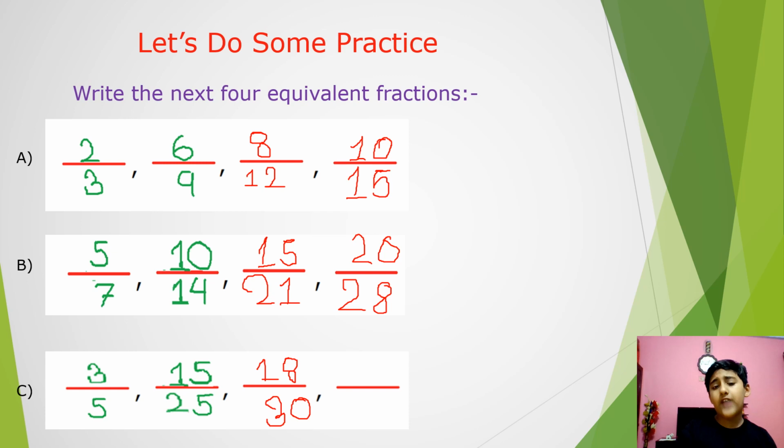And after 30 in the 5's table, we have 35. And after 18 in the 3's table, we have 21. Moving on to the next slide.